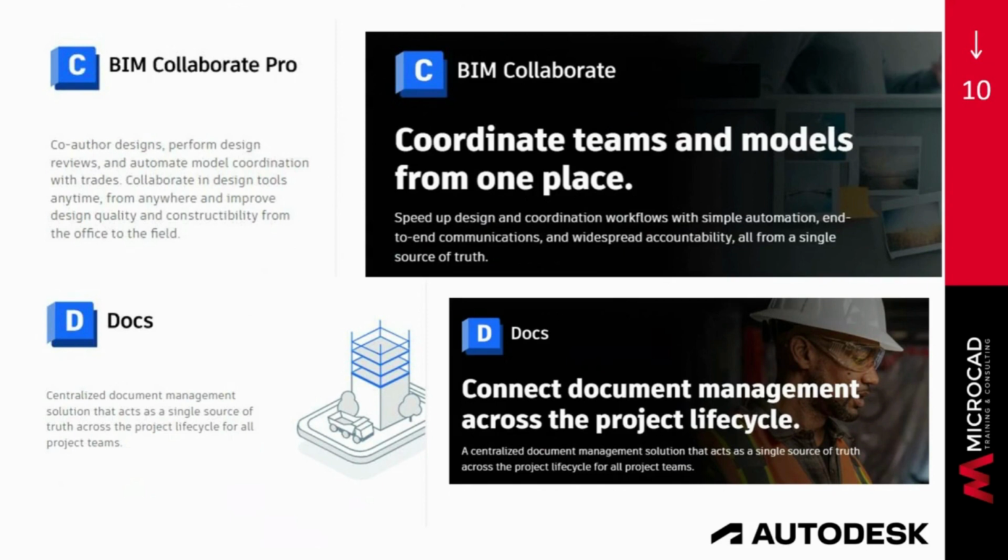The next offering that I want to talk about, and this is a shared offering between the AEC collection and the ACS collection, is Autodesk Docs. It's a document management that allows you to keep not just your Revit models, but also your CAD files, your PDF files, your Excel documents, and any other document that you need for your project in a single and unified location.